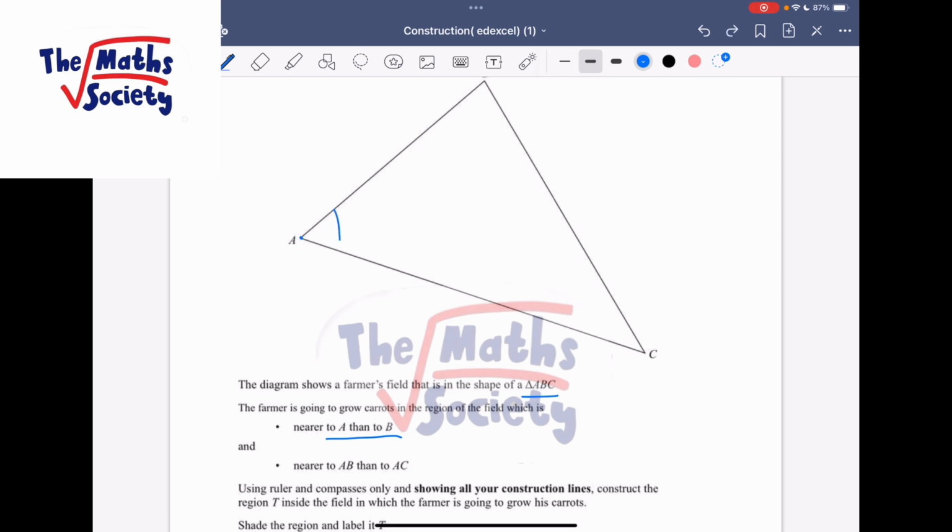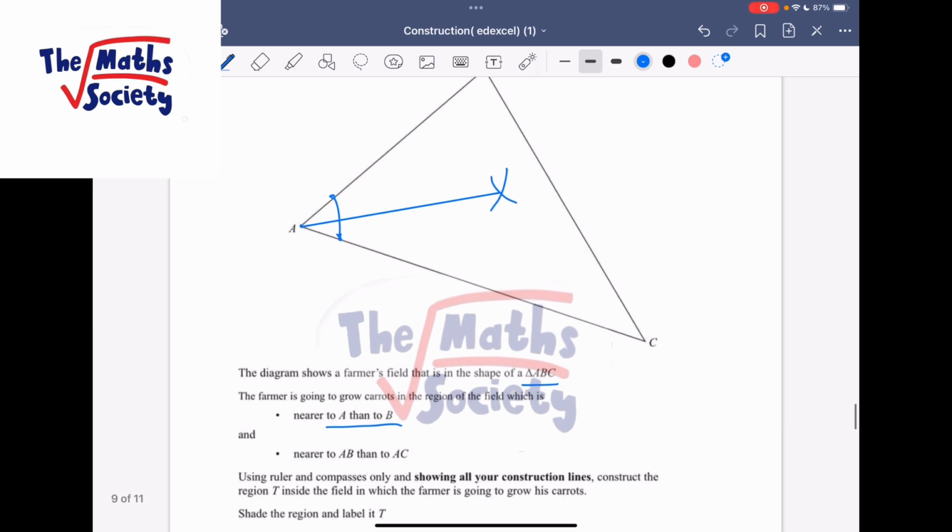You've got two points here, right? Which means you're going to use a perpendicular bisector. And then what you get next is nearer to AB than to AC.